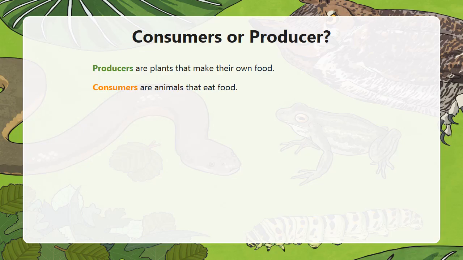Consumers or producers. Producers are plants that make their own food with the help of sunlight, nutrients present in the soil, and air. Consumers. Consumers are animals that eat food which is prepared by plants.